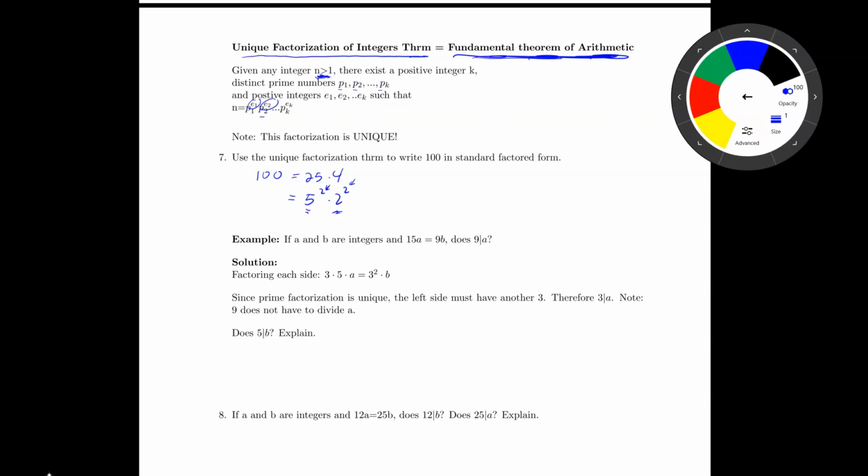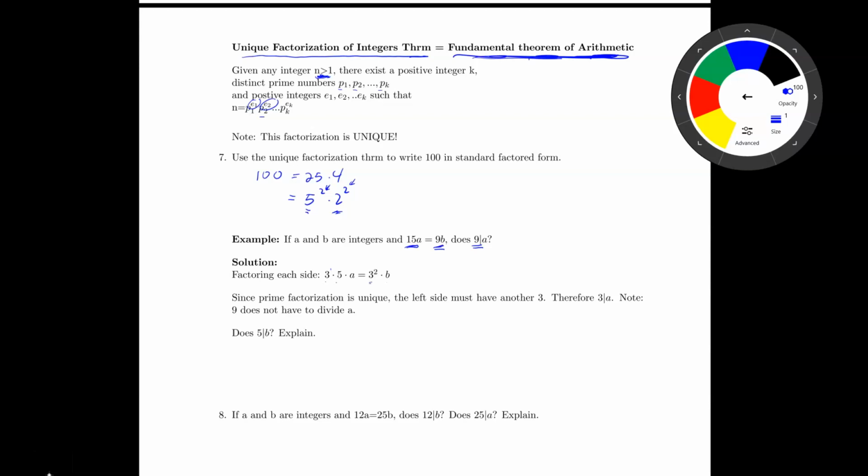Okay, so we get to use this to mean something. If I've got a and b integers, and I know that 15a equals 9b, does 9 divide a? So what I need to do is just think of breaking up each side. 15 would be 3 times 5, each with the exponent of 1, right? 9 we've broken up into 3 squared, times b.